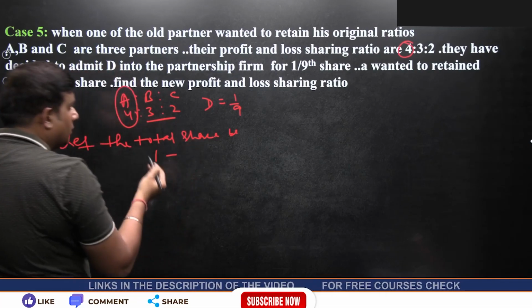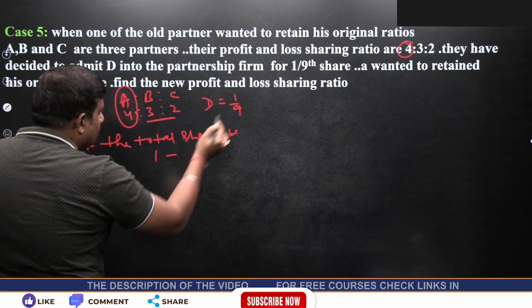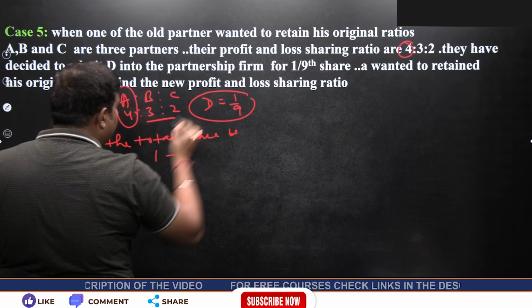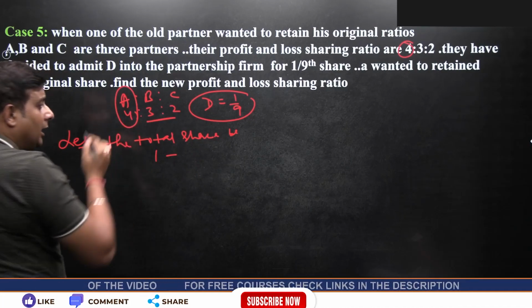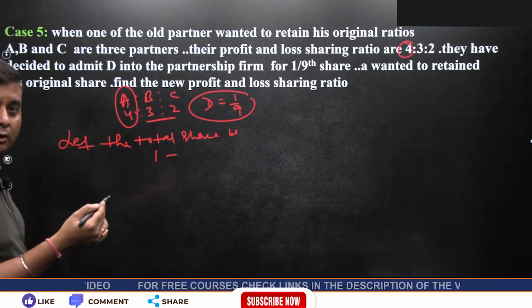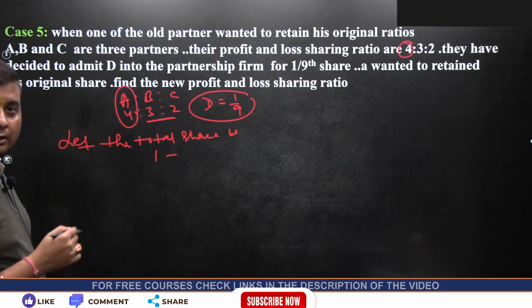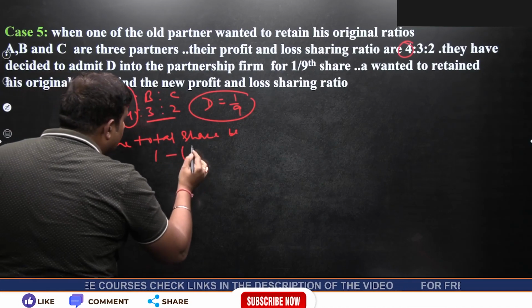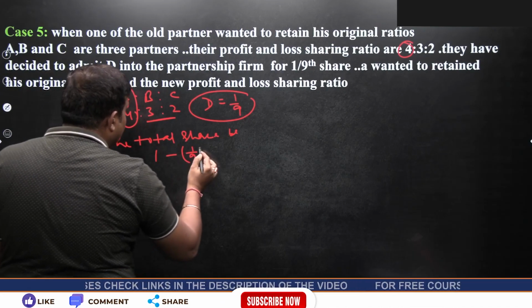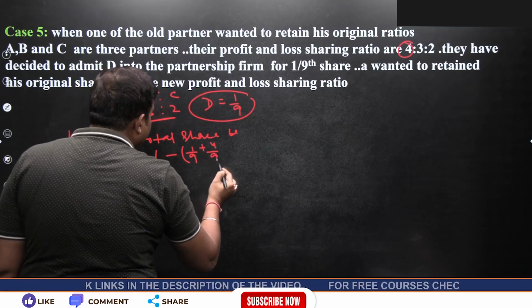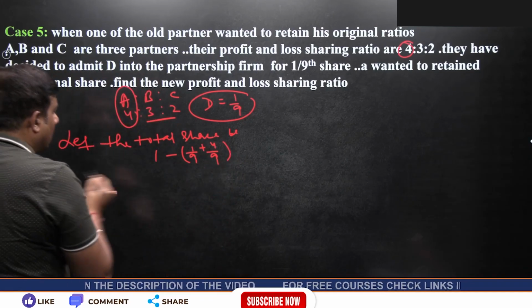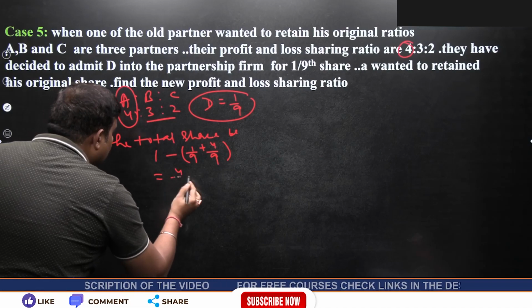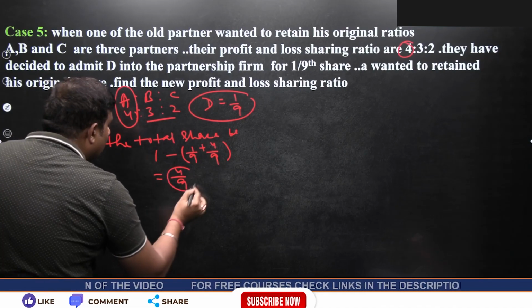In the previous questions, in the first question I can say, we can subtract only the new partner share from the total share. But since A is also going to have the same amount what he is having earlier, here we need to subtract 1/9 of D and 4/9 of A also. So after this you will get 4/9 as the remaining share.